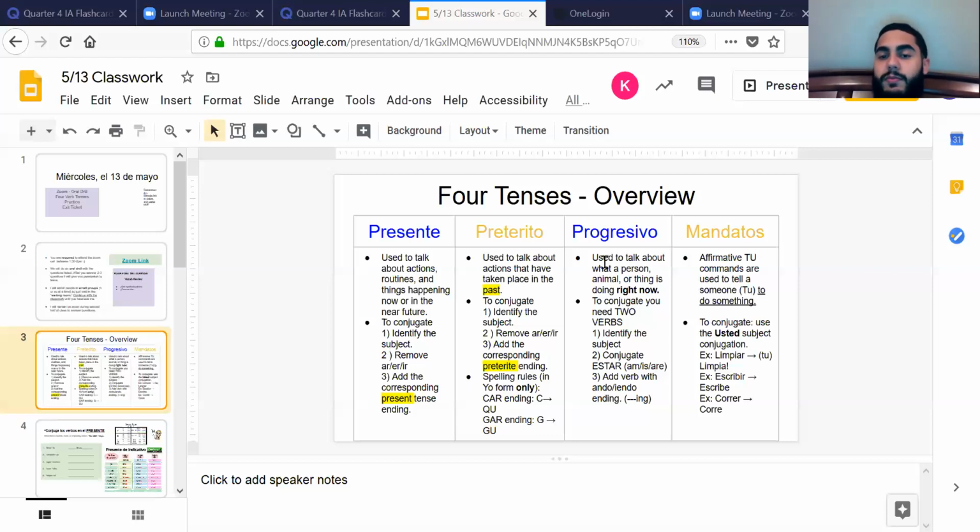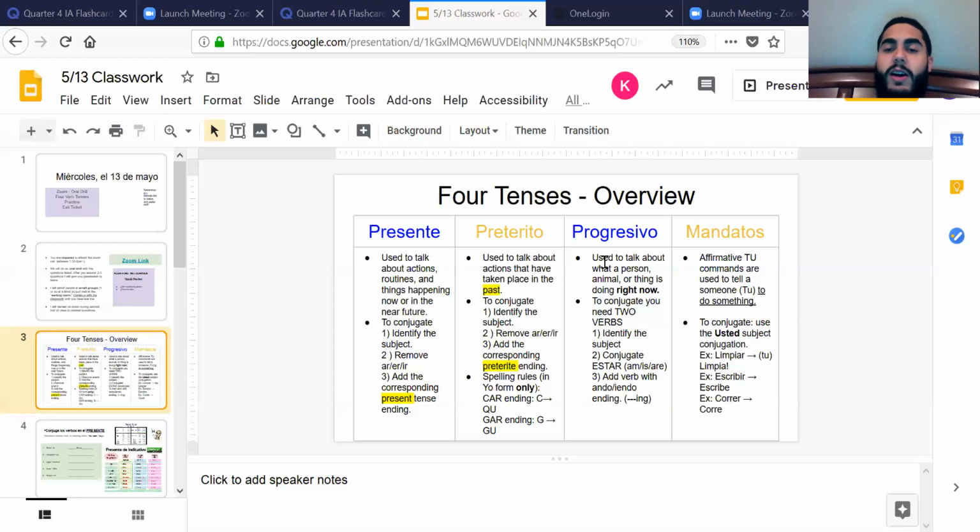Progresivo. It is used to talk about what a person, animal, or thing is doing right now in this moment. To conjugate, you need 2 verbs, right? You need to, step one, identify the subject. Step two, conjugate estar, because in order to use the progressive, you need to use estar.